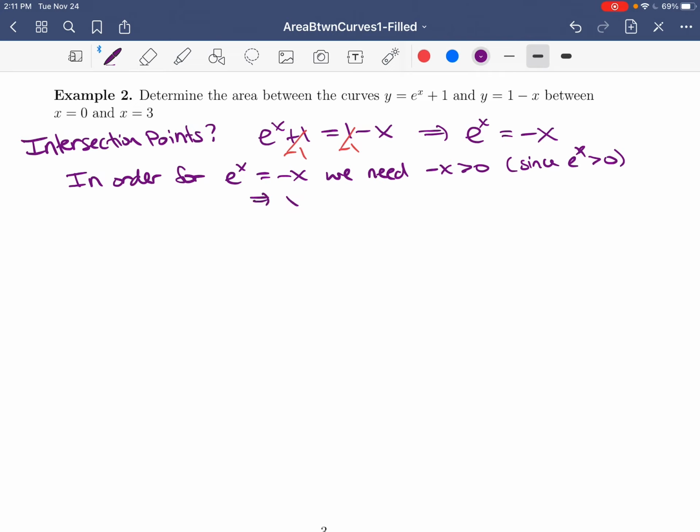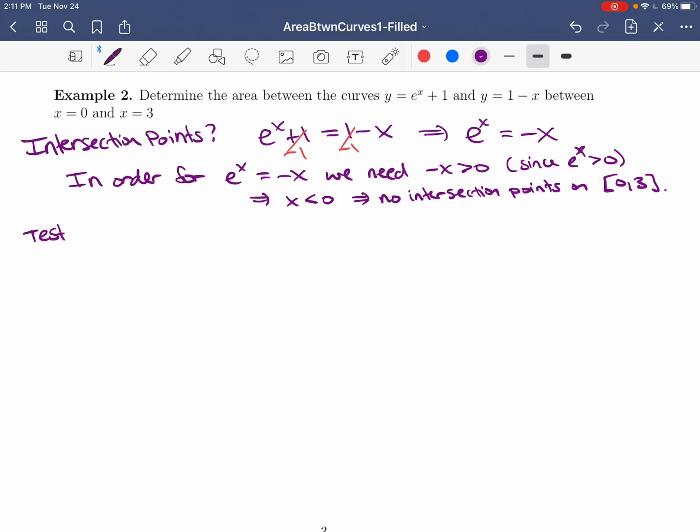So that means that we need x to be negative. Now that's enough to say that there's no intersection points on our interval, which is 0 to 3, because those are x's that are positive. It would have to be a negative x. So we're going to have no intersection points.